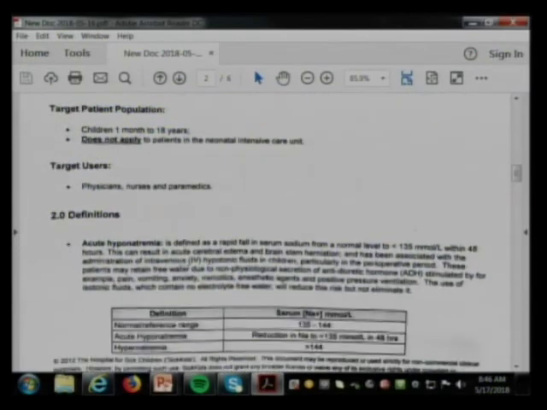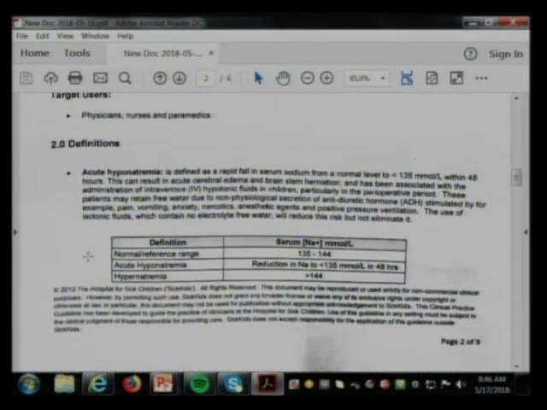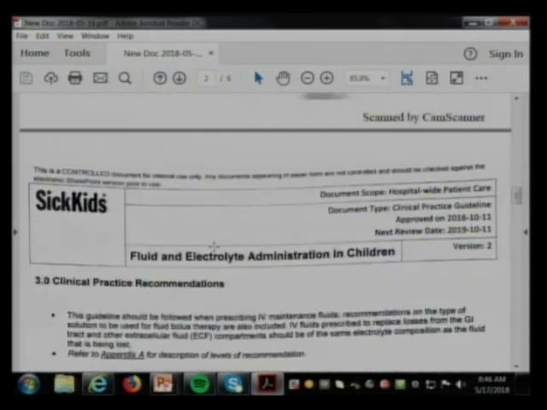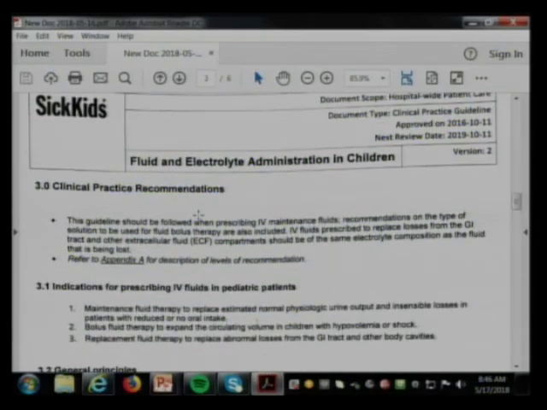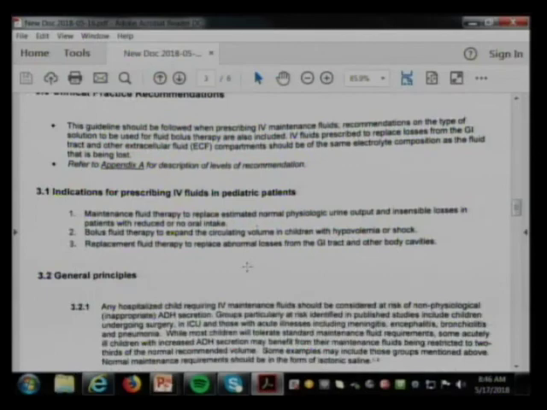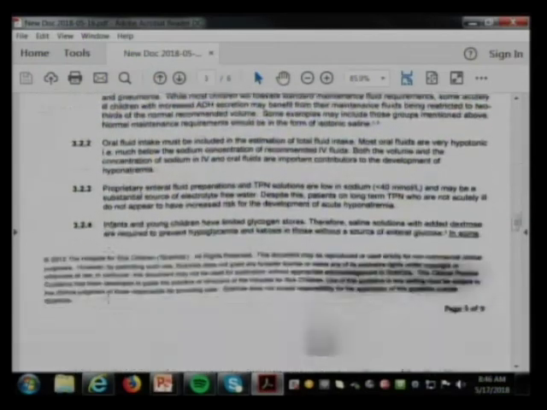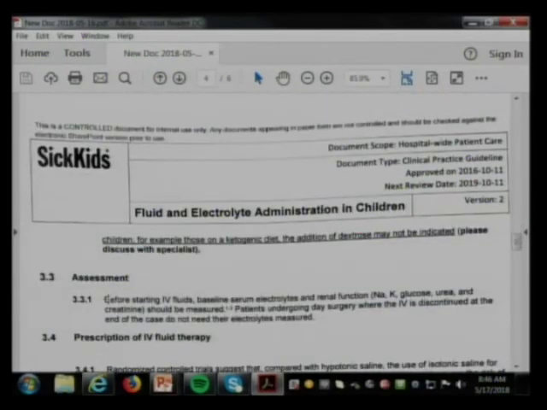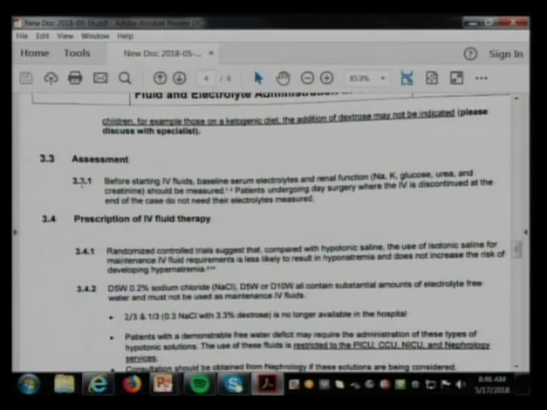It also gives definitions of acute hyponatremia, clinical practice recommendations, indications for prescribing IV fluids in pediatric patients, general principles, assessment and prescription of IV fluid therapy.